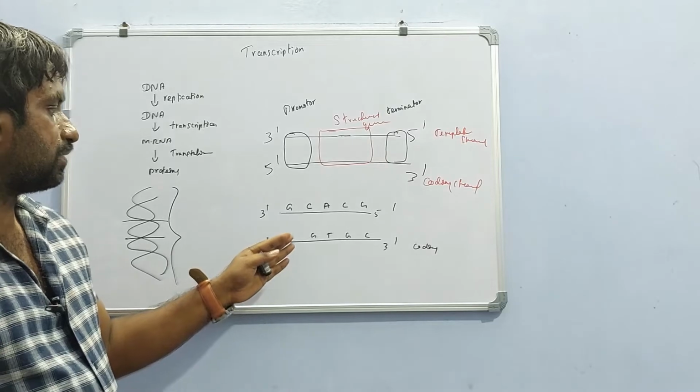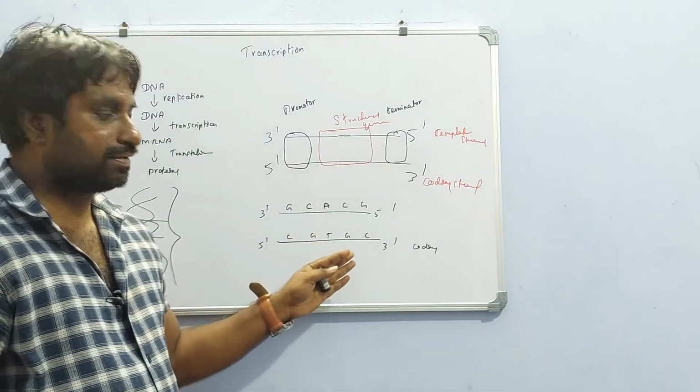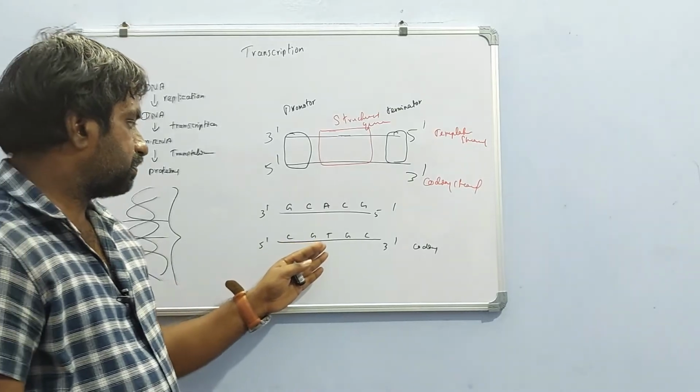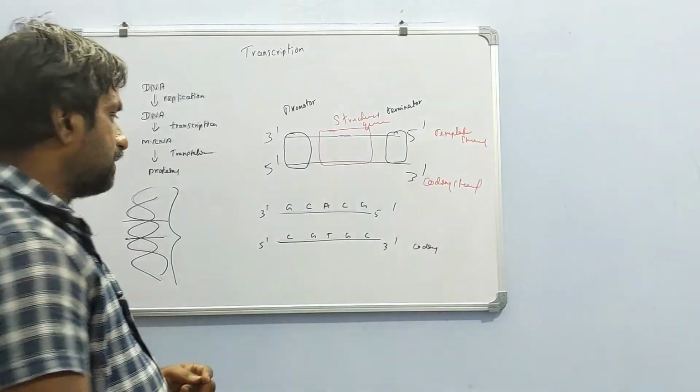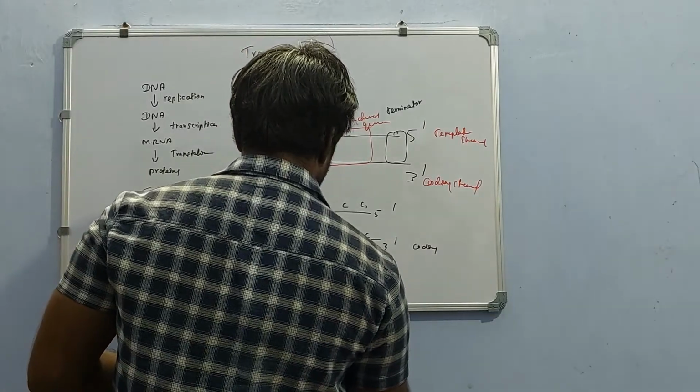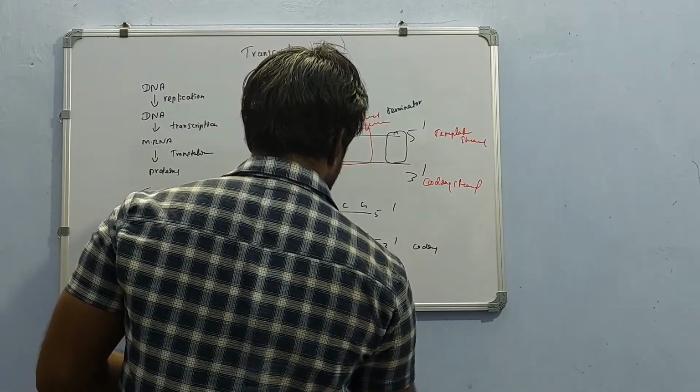The coding strand is the same as the mRNA, but the thymine in the mRNA is replaced by uracil.